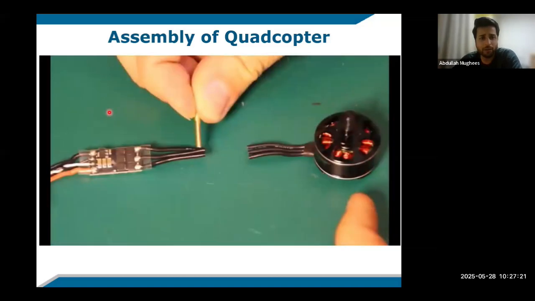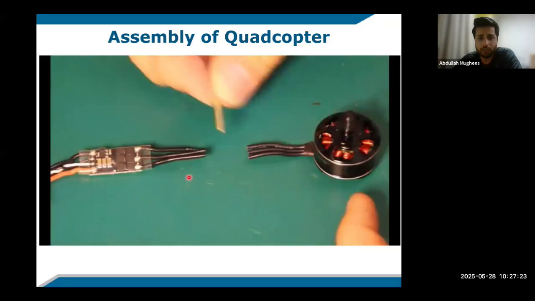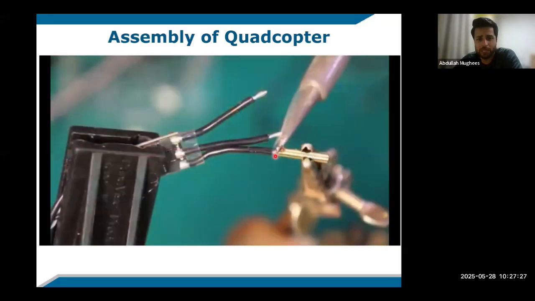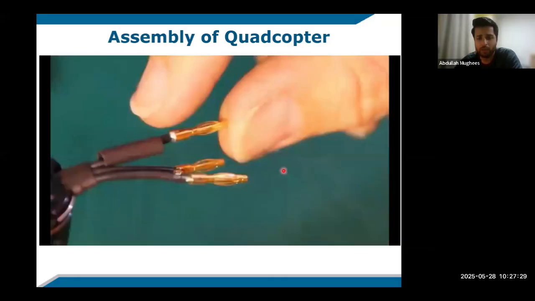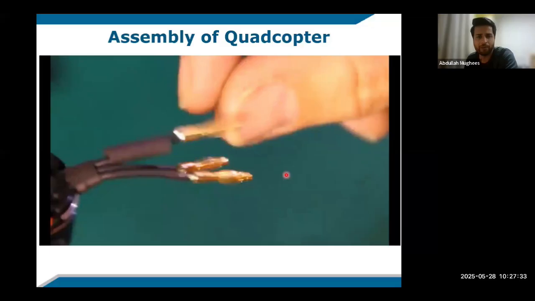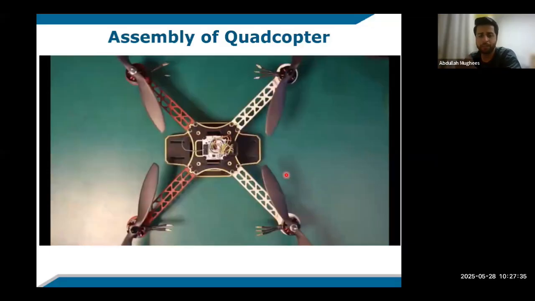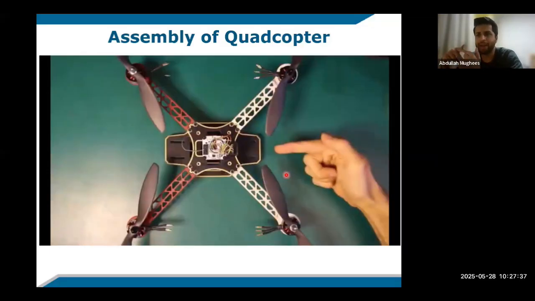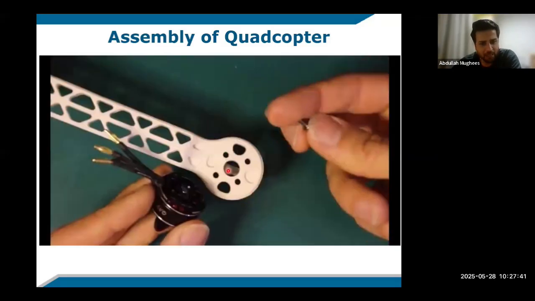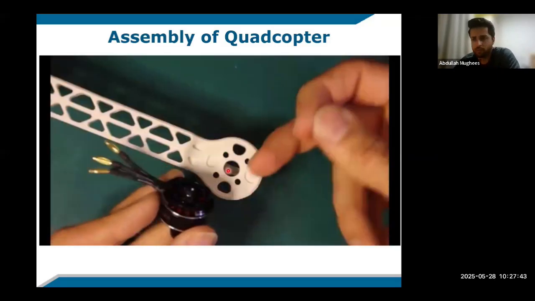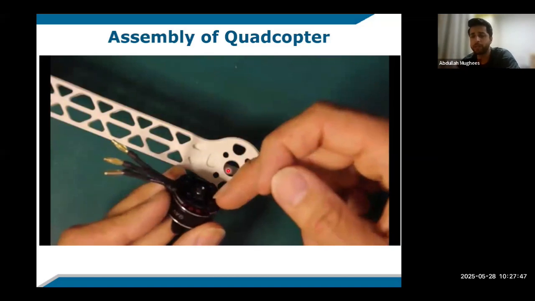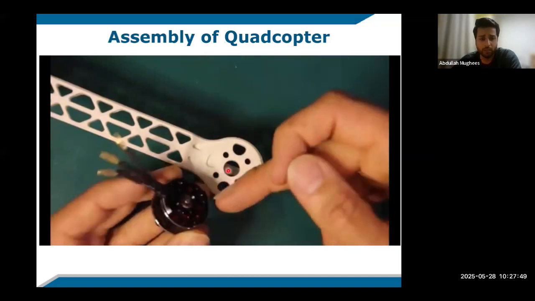So this is the electronic speed controller, which is used to control the speed of this BLDC motor. So these wires are connected to each other. You are using these bullet connectors because you will always want to change the motor as per your requirement. So you put these connectors so that you can connect and disconnect whenever you want. So it will look something like this. You attach these motors with some screws, you attach the propellers, you attach the electronic speed controllers, and you plug all of these together.